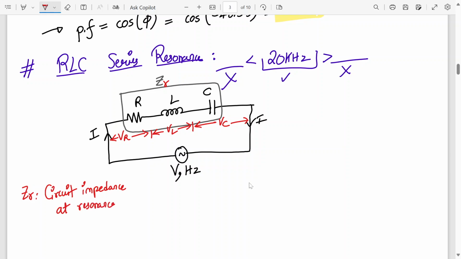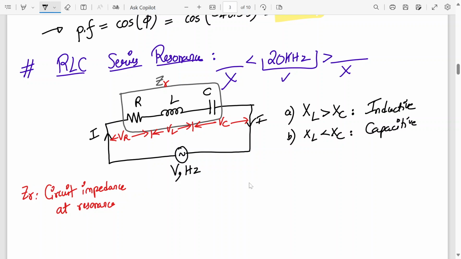I'll talk about resonance, but tell me now the conditions under which the circuit is inductive. So when XL is greater than XC, the nature of the circuit is inductive. And the other way around, XL less than XC, the circuit nature is capacitive.